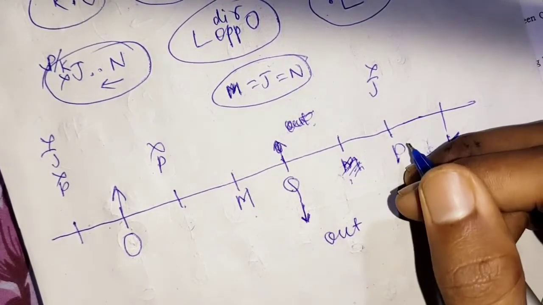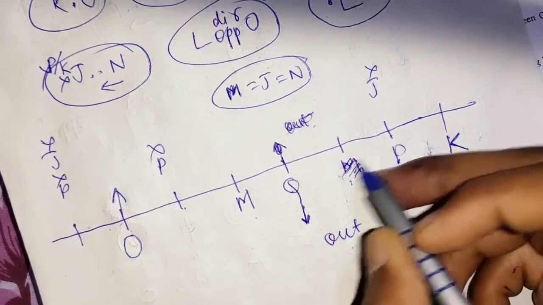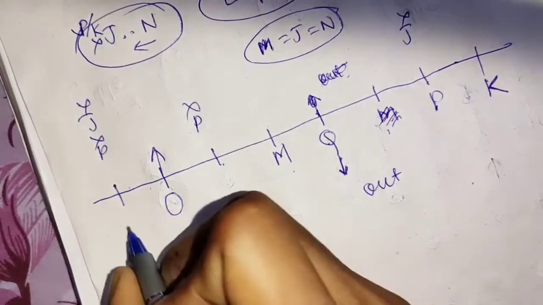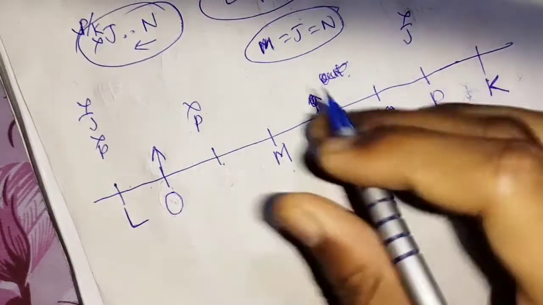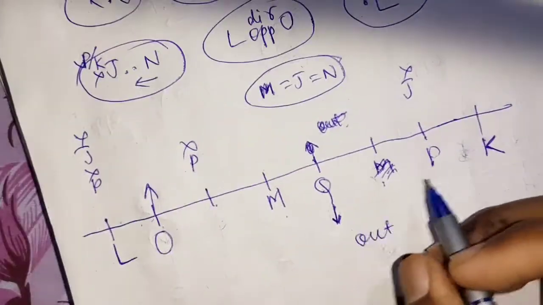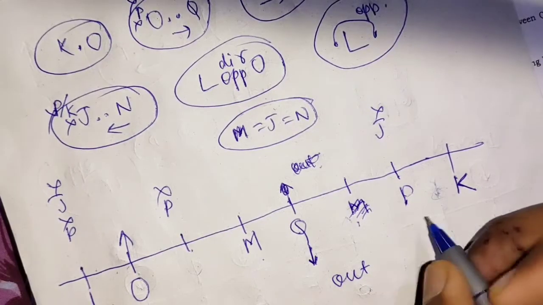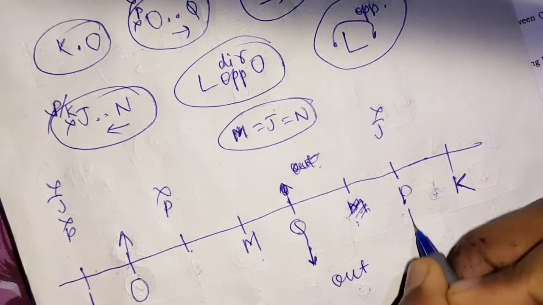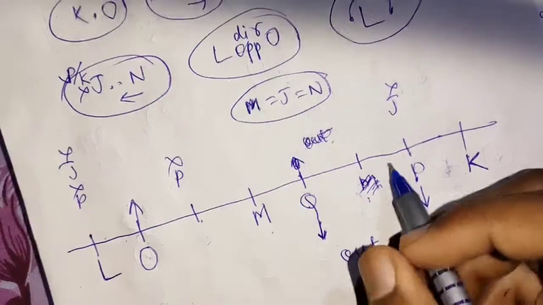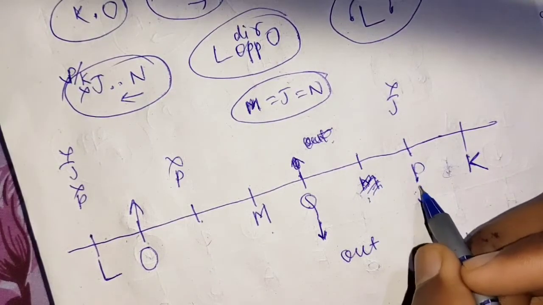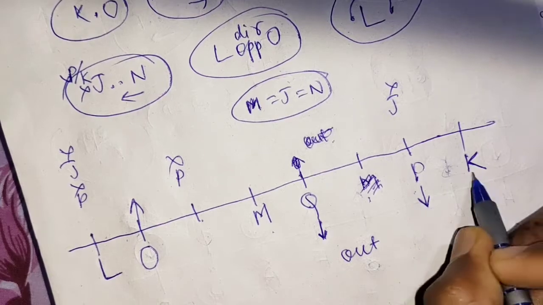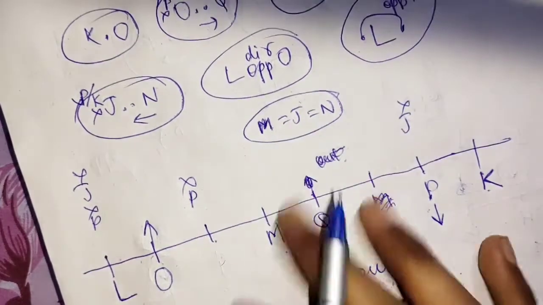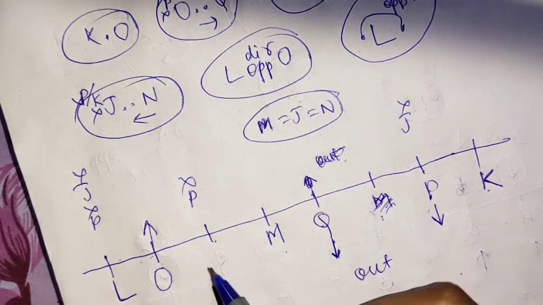So P will be placed here, and at a gap of 1 person L will be placed here. And since L is to the left of P, the direction of P will be this. So first left and second left is L. Now we can place J and N.